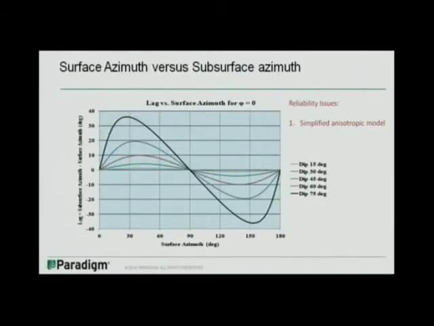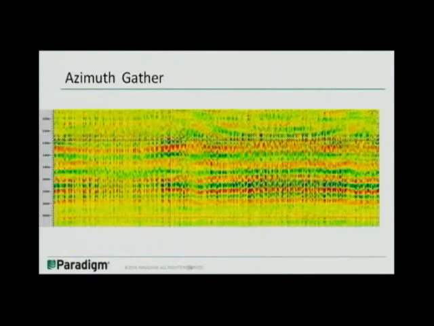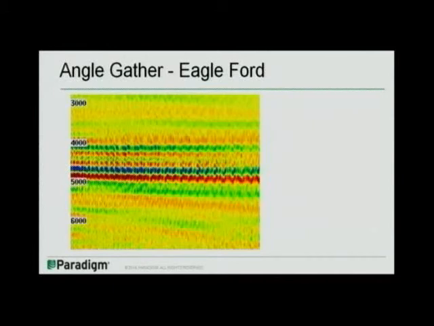I'm going to jump a little bit and show you some few examples of data. This is the gather, the real gather from the Eagle Ford shale. This axis is reflection angle, this is depth, and this is the event. So it's actually increasing offset.